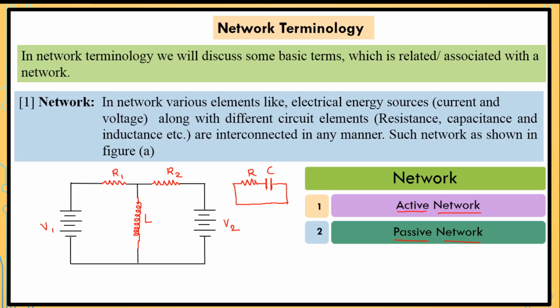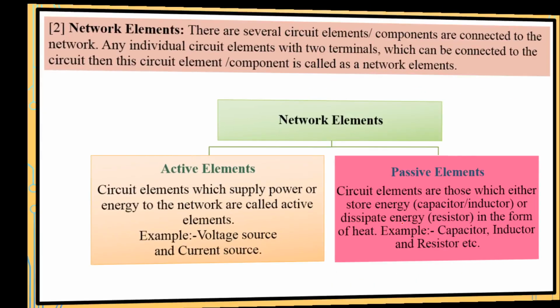Here R1, R2, L are passive elements, V1, V2 are active elements, and a current source is also an active element. So the combination of active and passive elements is called an active network, and a network consisting only of passive elements is called a passive network.